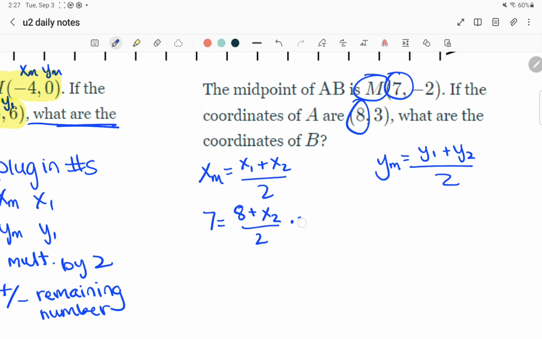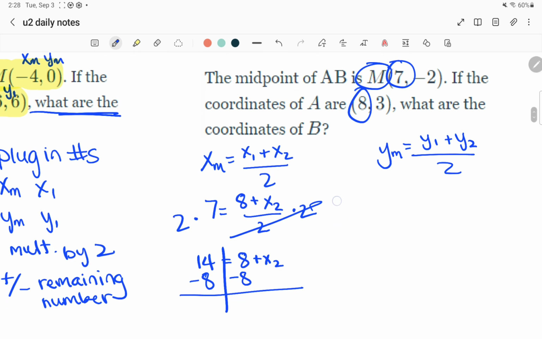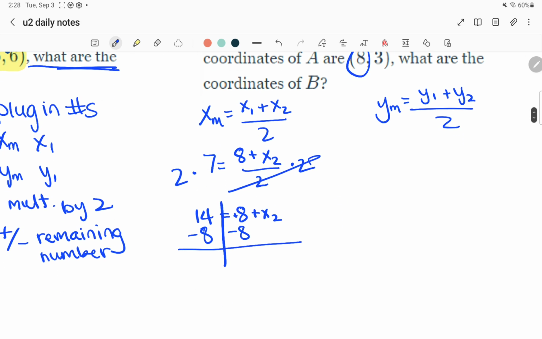Okay, and from here I'm going to solve. This is step 2, multiply by 2. I'm left with 14 equals 8 plus x2. And then step 3 is I subtract or add the remaining number. Because 8 is positive, I'm going to subtract. I'm left with x2 equals 6. So there's my x value.